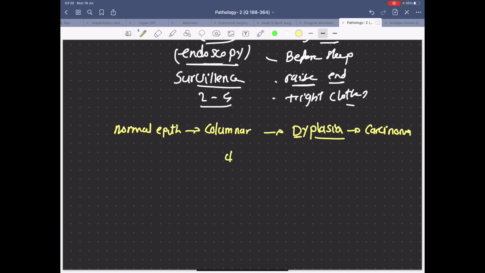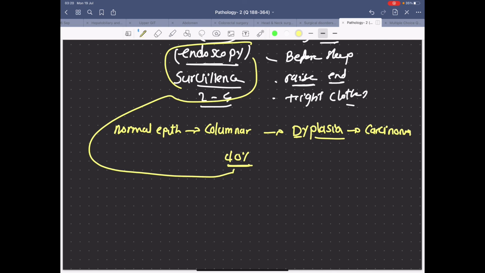They say that 40% of the patients under this surveillance develop cancer after 3 years. So it's pretty important to know about Barrett's esophagus. Thank you very much.